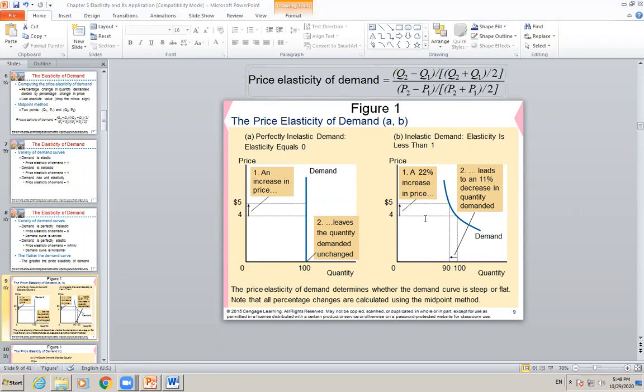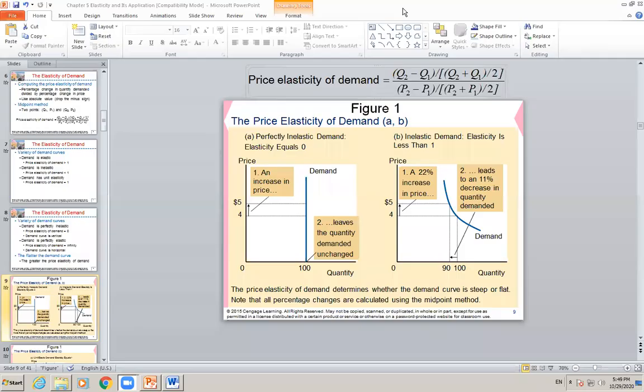Let's find the quantity. Now, we need to calculate the quantity first.